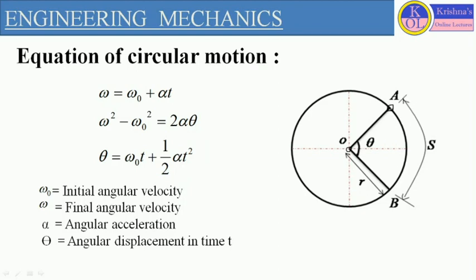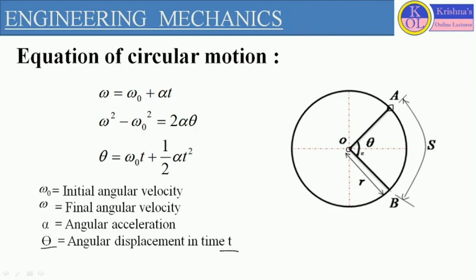When this particle is moving from initial position A and reaching the final position B, the displacement of the particle from initial position to final position we define as angular displacement, and it is generally denoted by theta. This angle AOB is defining the angular displacement, and this angular displacement will be done in a particular time period. So let us consider time is t.